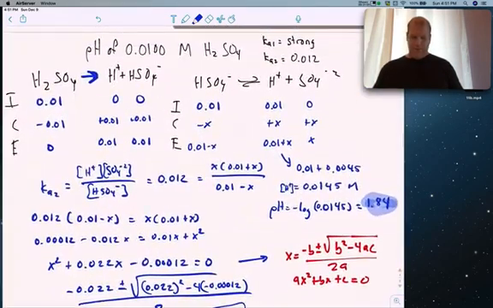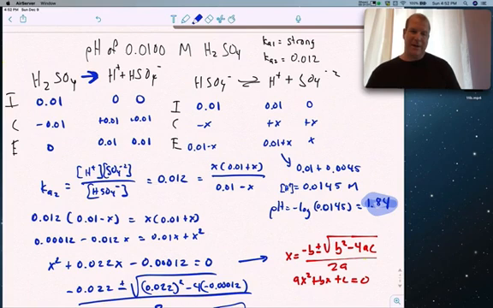Okay, so let me recap this one. The pH of 0.01 molar sulfuric acid. When you look at sulfuric acid, you're kind of looking at two acids, a strong acid and a weak acid. The first thing that happens is the sulfuric acid breaks apart into a hydrogen ion and bisulfate. Then we have the second equilibrium.